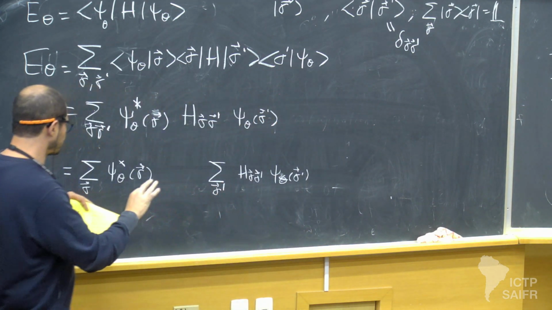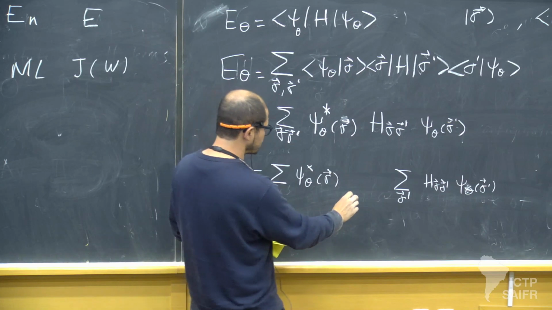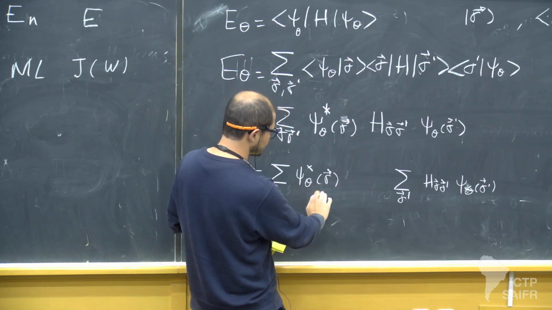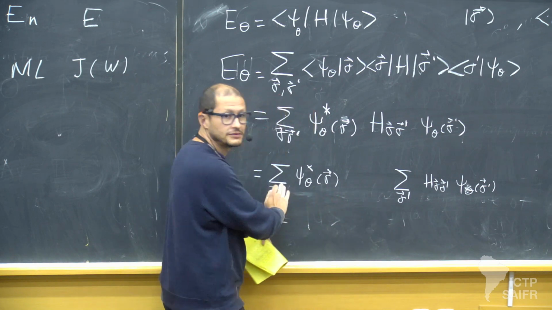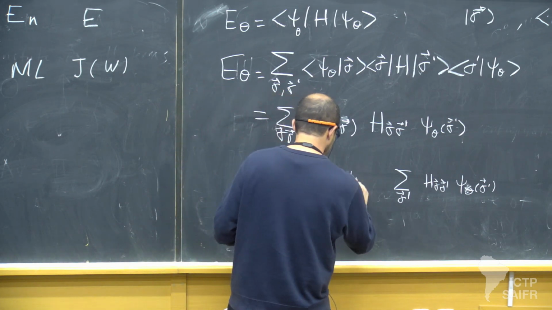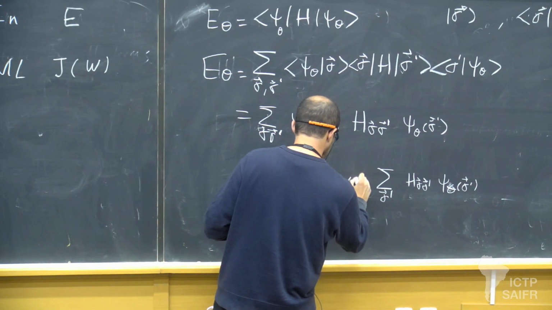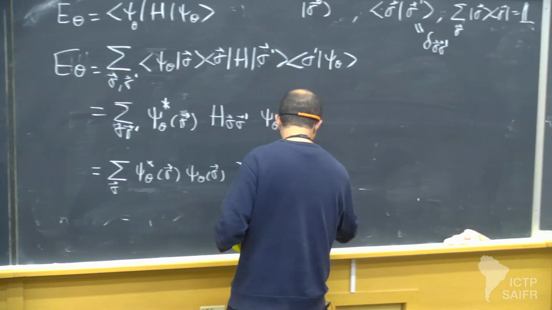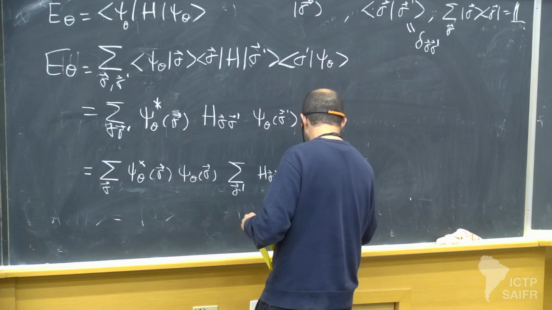So far I have not done anything, but what I'm going to do is multiply and divide by the complex conjugate of this object, assuming this is doable, right? Like this is different from 0.